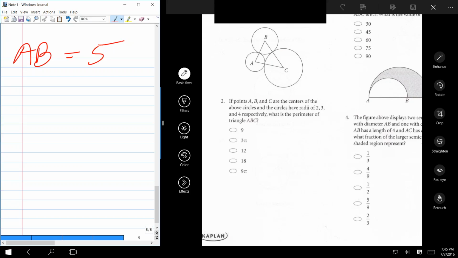They've told us we have 3 circles of different sizes here, and that the smallest circle has a radius of 2. That means it's 2 from the middle of A to the edge of A. And the radius of B is 3. So from A to B must be 5. And the radius of C is 4.